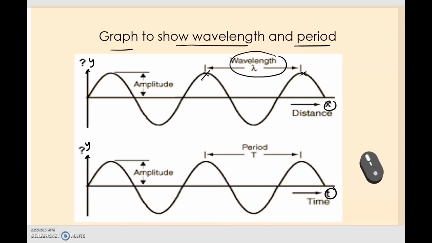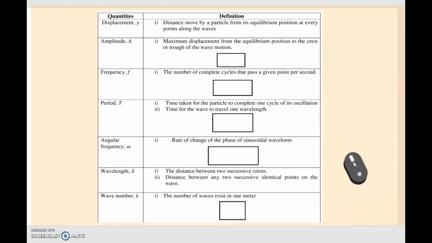If you have a y versus t graph, then the time taken to make one oscillation from crest to crest we call the period. So these are a few quantities and their definitions.